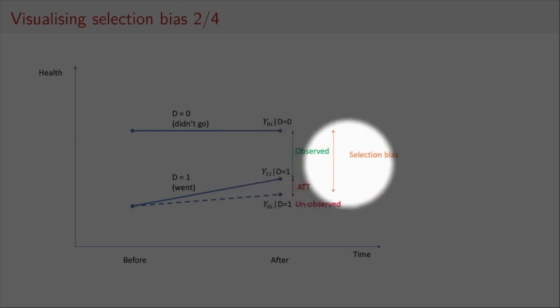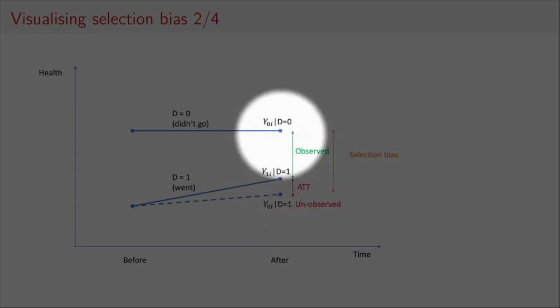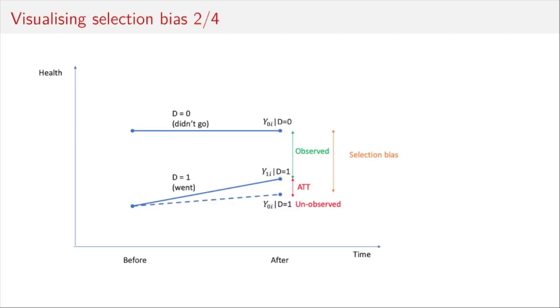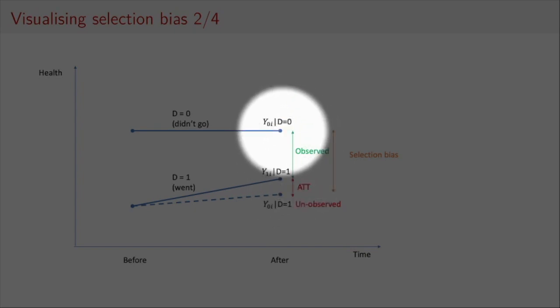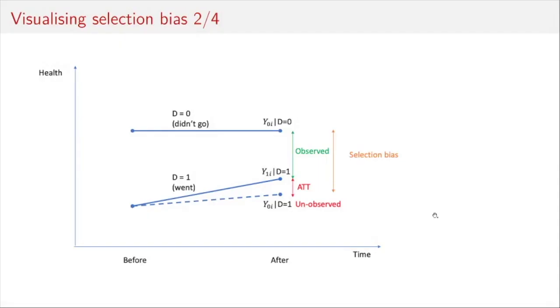Now, the selection bias is the difference between what the health would have been of those who did go to the hospital if they hadn't gone, and those who simply didn't go. This graph shows why, while the average treatment on the treated might be positive, what we see with our observed data is something negative, the difference between this and that. And this is entirely attributable to this selection bias.